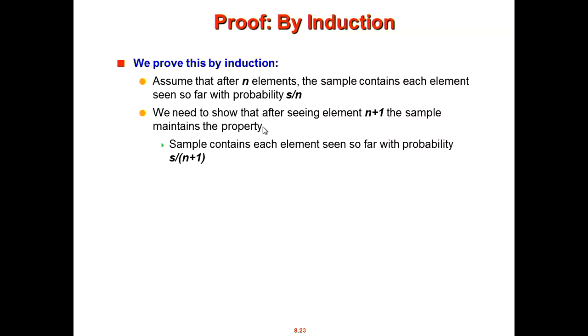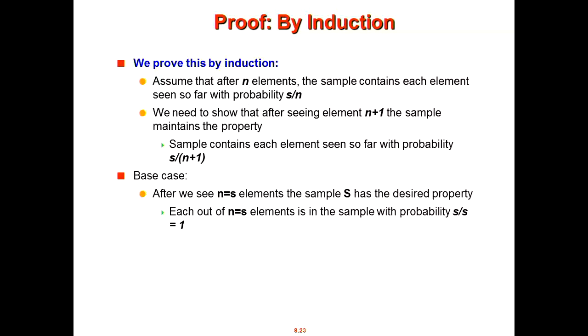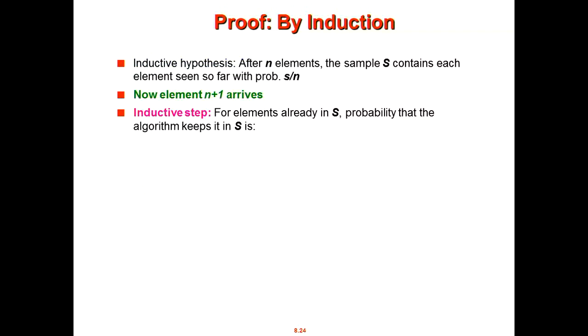It's the assumption, and that's what we want to achieve. The base case is very easy, because initially we put all the first S elements into S. So all the S elements are sampled with equal probability 100%, S over S. Next, the inductive hypothesis is that after n elements, the sample S contains each element seen so far with equal probability S over n, right?